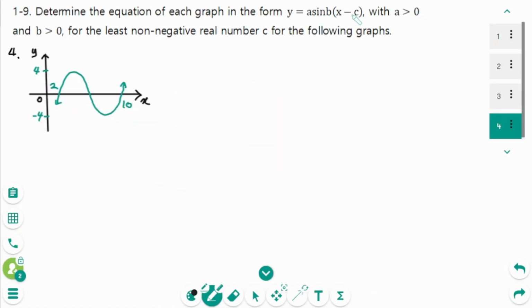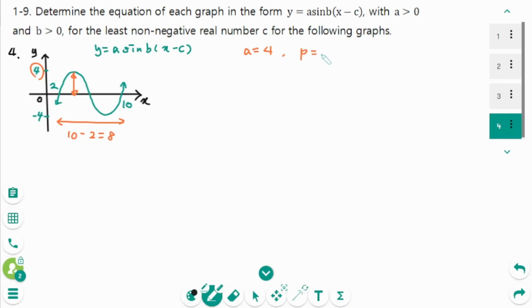Question 4. This is y equals a sine b x minus c form. The amplitude is 4, so a equals 4. Then the period is 10 minus 2, which is 8.